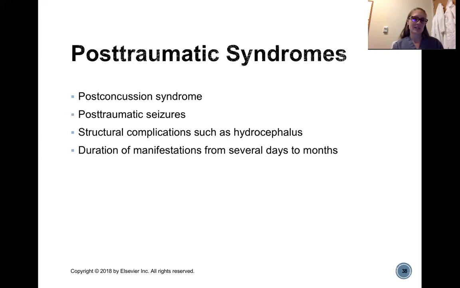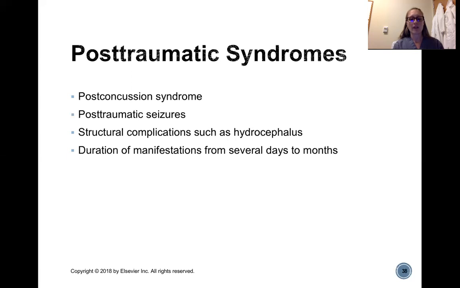We might see restlessness, a lack of focus, and memory loss. When we're looking at seizures, it's usually within 24 hours to 1 week that we see a decrease in neurological activity, or we see a neurological impact.